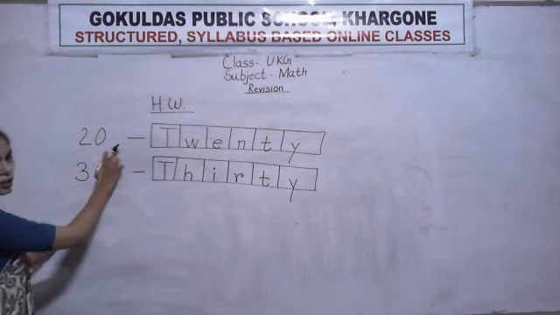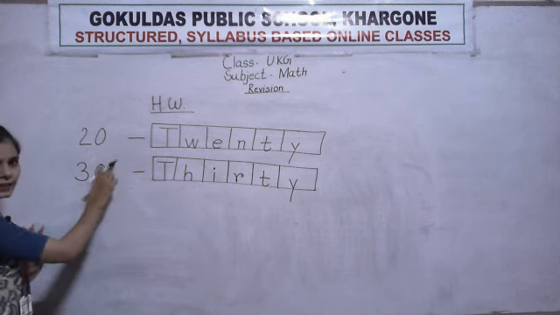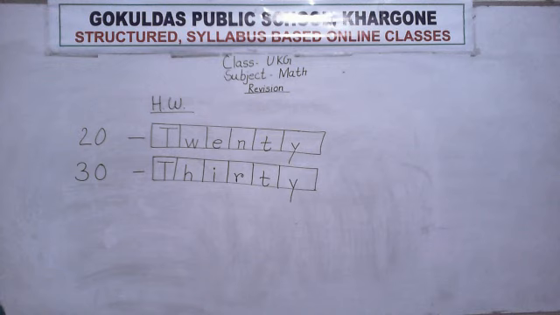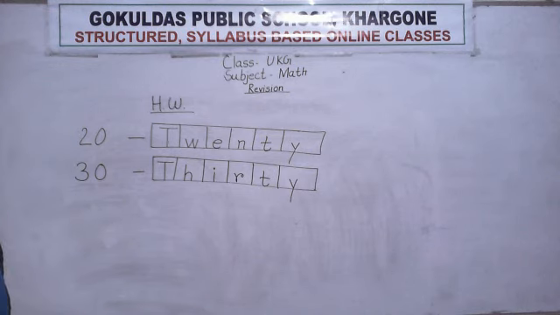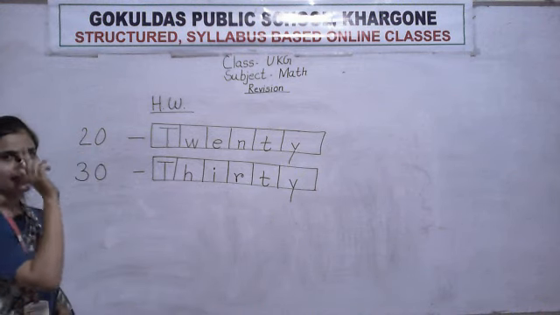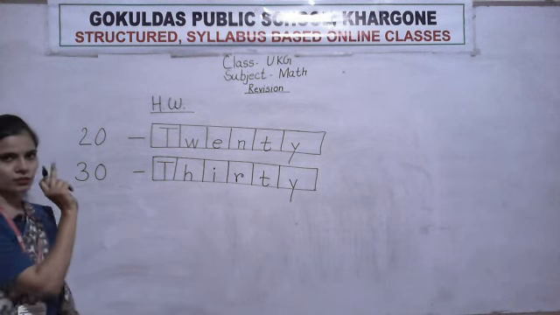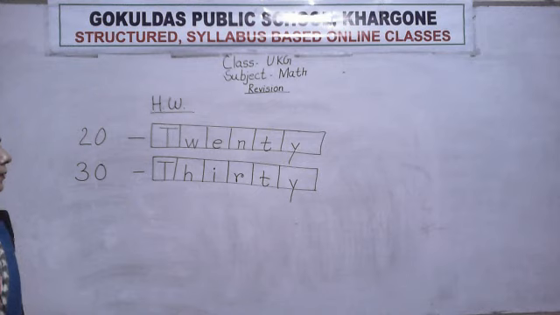First you write 20, write full page, then 30, write full page, drop one block. So you write how many times? At least 10 times. At least 10 times you write 20 and 10 times you write 30. So 2-page homework.